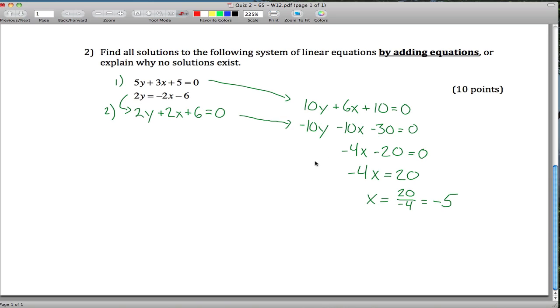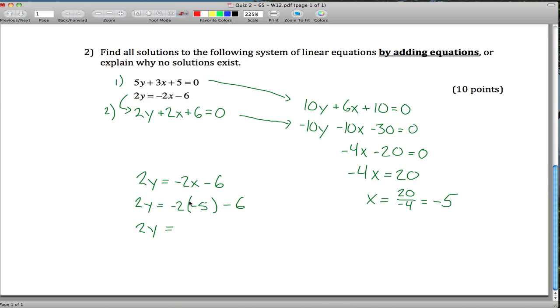And now we can plug that back into one of our equations to figure out what y is equal to. Maybe this equation right here, it has 2y solved for, so that's not too far from having y solved for. So 2y equals negative 2x minus 6, but x is equal to negative 5. So 2y equals negative 2 times negative 5 minus 6.